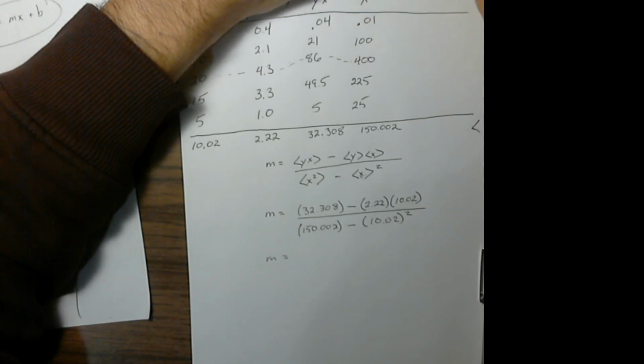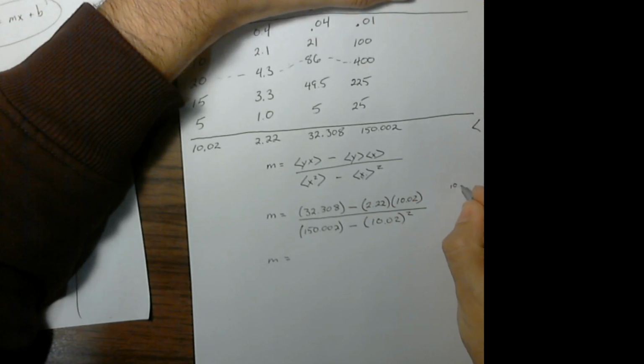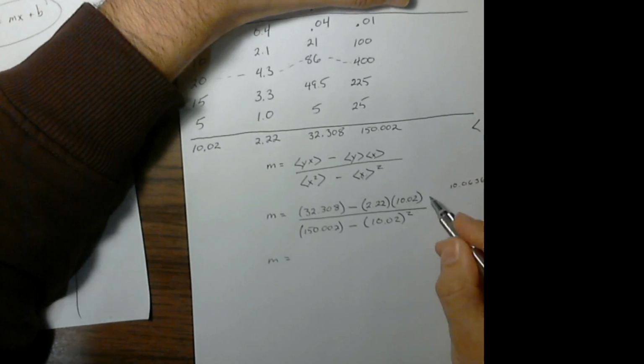All right, for my numerator here, I like to make little notes in the margin just in case I goof up with my calculator, so I've got those numbers. I've got that as my numerator.